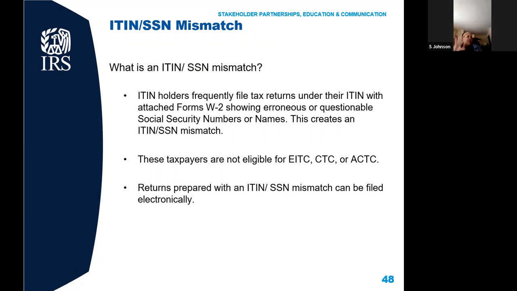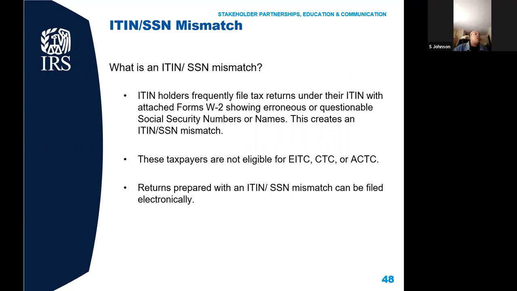And kind of similar to what Joanne was speaking of, say when you come in to have your return prepared anywhere, and this is the year after you get your ITIN, the ITIN number should be what's on your tax return. You can use software. What you will do is they should input your name and your ITIN number.